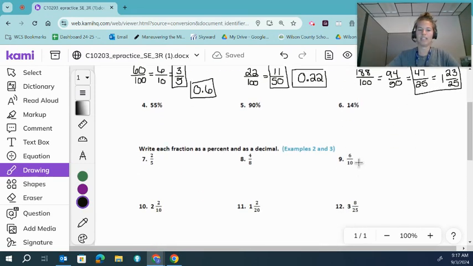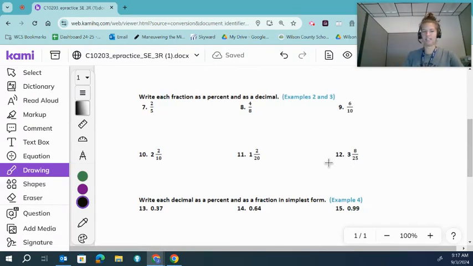All right, let's take a look at fractions. Remember, fractions are division. Division will turn these directly into a decimal. So we are going to go 2 divided by 5. 5 goes into 2 0 times.